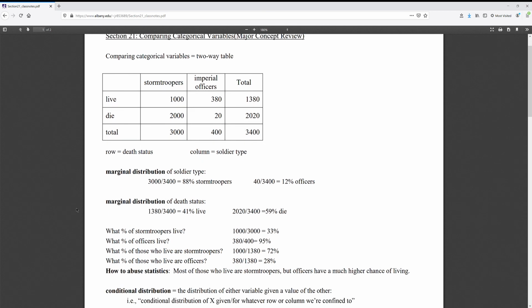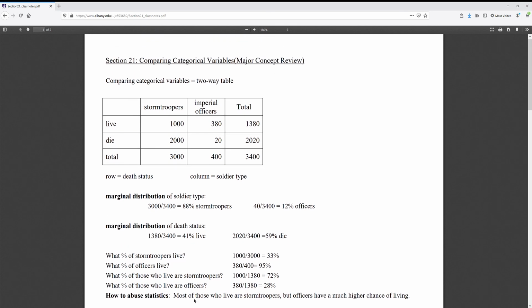How to abuse statistics? Well, notice what's going on in this chart. Most of those who live are stormtroopers. There you go. 72% of those who live are stormtroopers. So, if you want to live, you should be a stormtrooper, right? No, not so much.